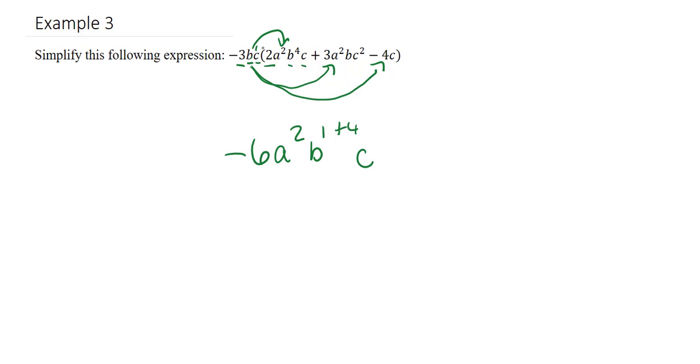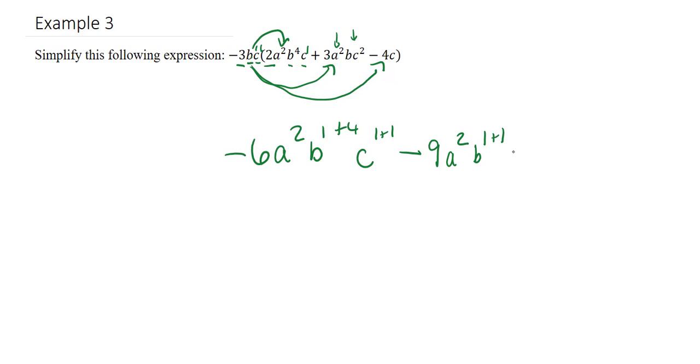Then we have c to the first and c to the first, so 1 plus 1. Now we have negative 3 times 3, so that's minus 9. Then we have a squared again, so we have a squared. We have b to the 1 plus 1, to account for both.